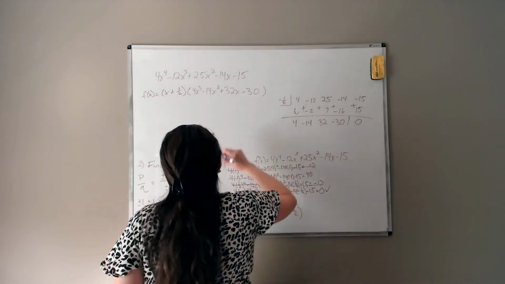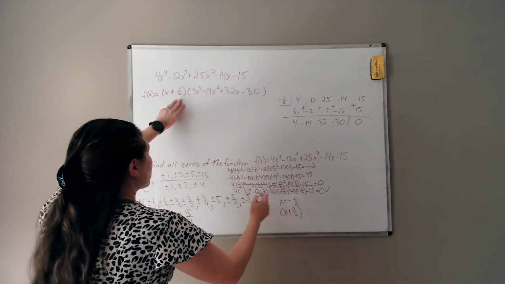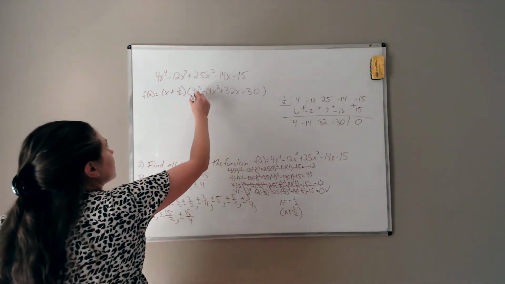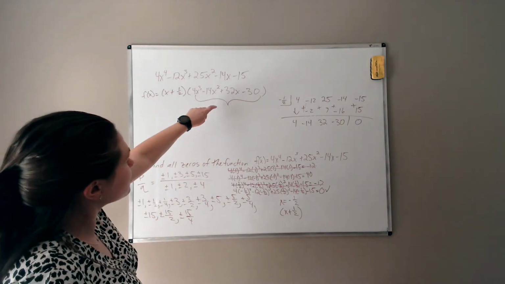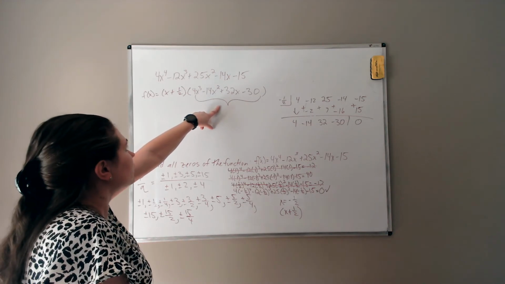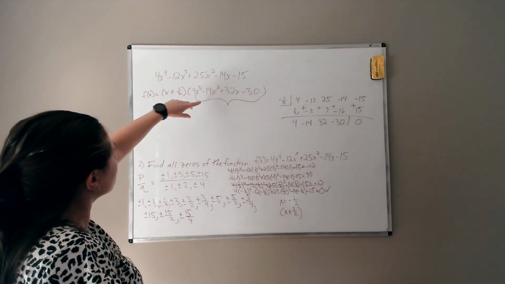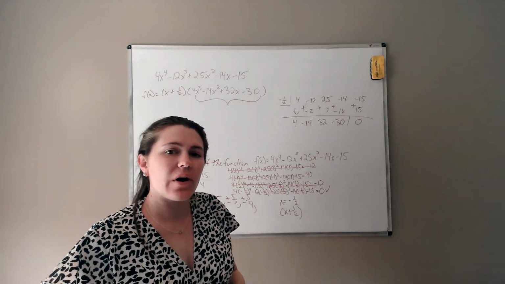And now we know this already gave us the solution of negative 1/2. Now, look at what we have. Our 3 remaining solutions come from this polynomial right here. Notice, if I try to factor that, I can't factor it. So I would be in trouble.